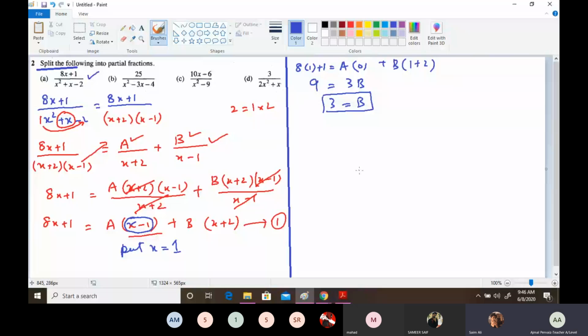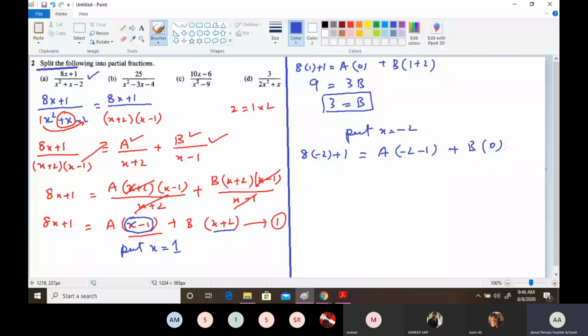Yes sir. Okay, now we will be finding the value of A. Let's place something over here to make it 0. What should we place over here to make it 0? Sir, -2. Thank you. Put x equals to -2 everywhere. So 8 times -2 plus 1 equals to A times (-2 minus 1), and this we know will become 0 because we have chosen it in such a way.